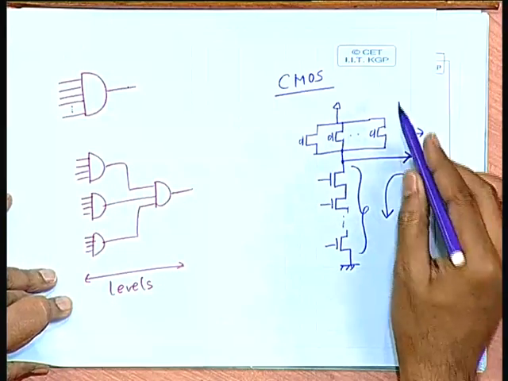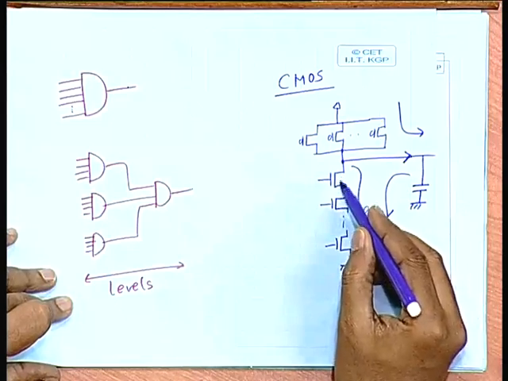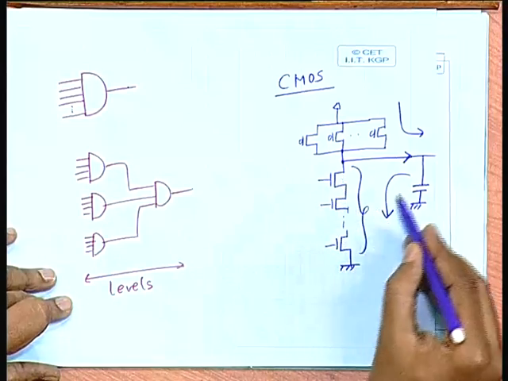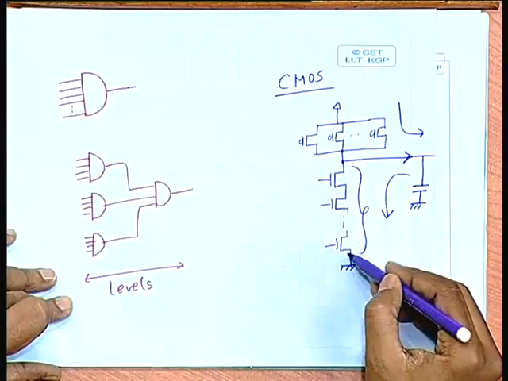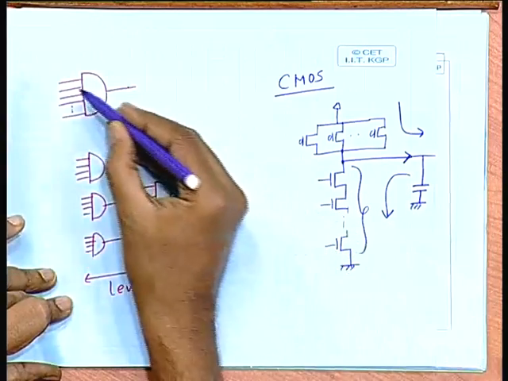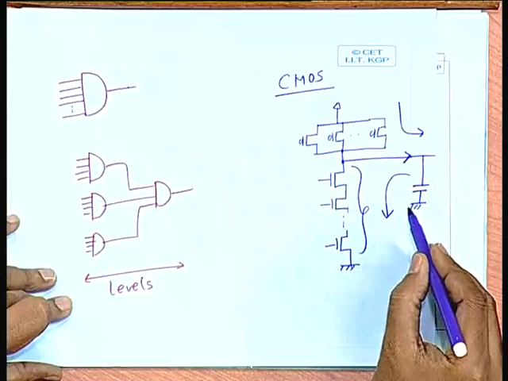So, either you are charging the capacitor or discharging it. If you have many transistors in series, the time it will take to discharge the capacitor will be much larger. So, the larger the number of inputs, the slower the gate.